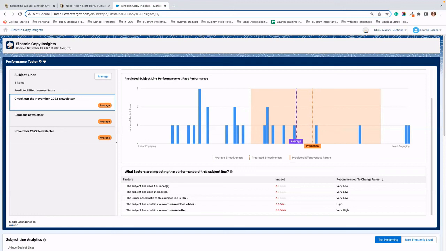I think you could definitely test that in A/B testing, and that would be one way to get at that data, leaving everything the same except for the sender profile. The other workaround I would say is just looking at open rates for the specific sender profile. But there's no specific Einstein feature that deals with the sender. I think you would have to do the workaround of the A/B testing.